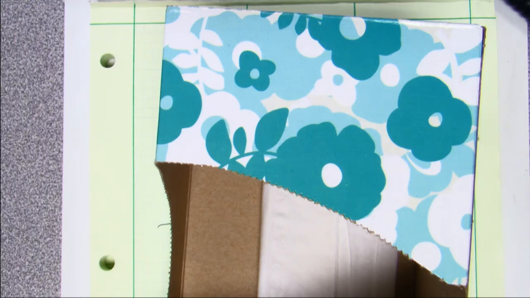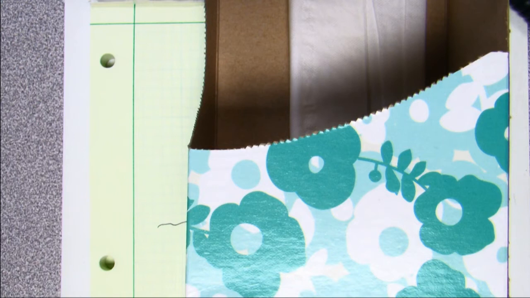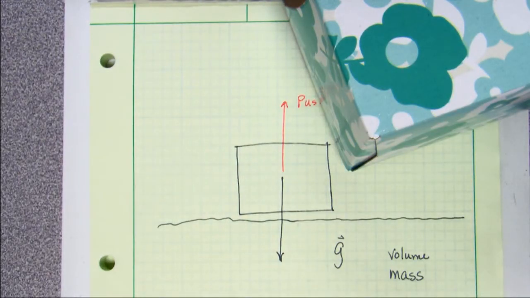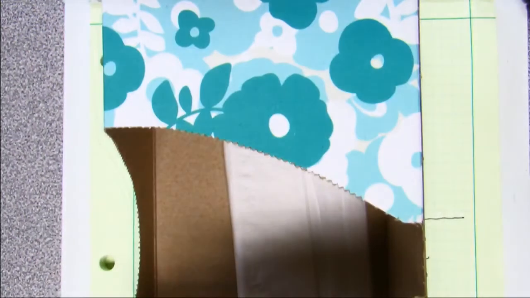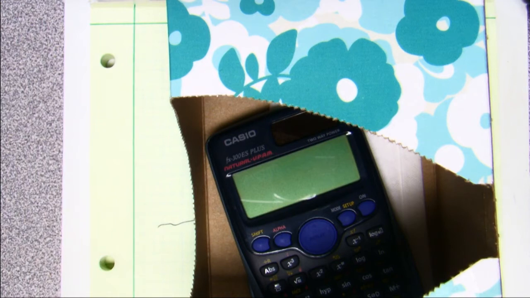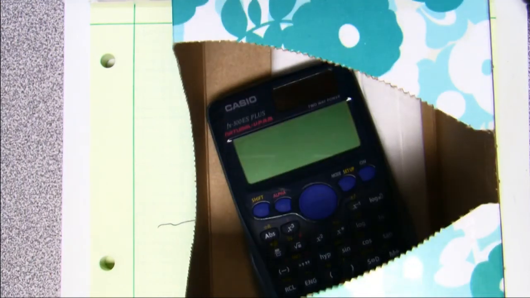And if I kick it and there's nothing in it, what's going to happen? If it's just an empty cardboard box and I kick it, it's going to move forward a little bit. Now, if we put some mass in there, we'll put the calculator in there, and I apply the same kick, what happened?